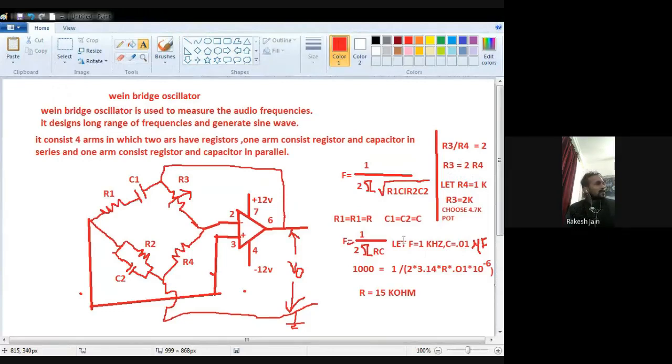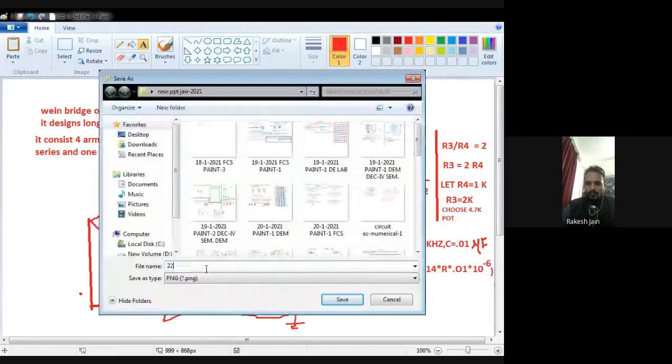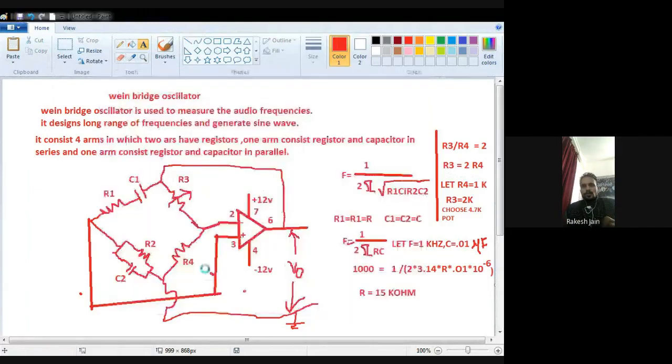First of all, I save this file. So now let me design and check the designing procedure.